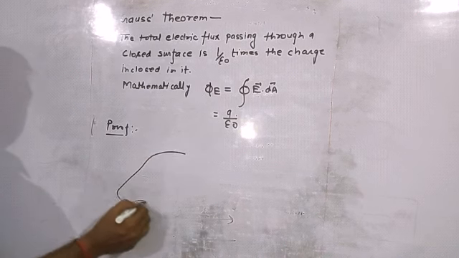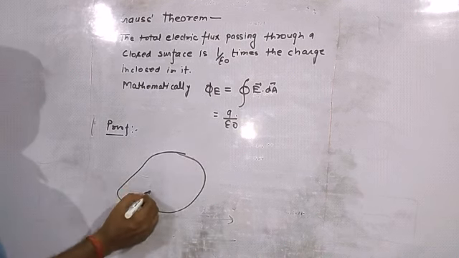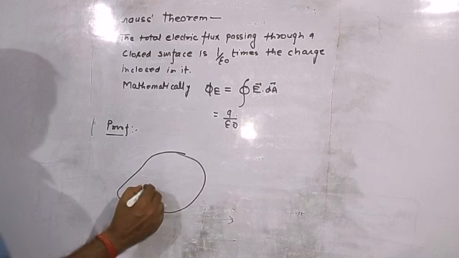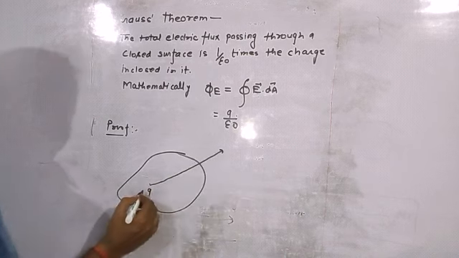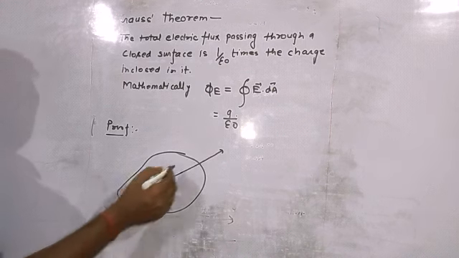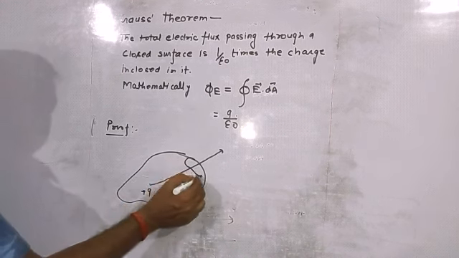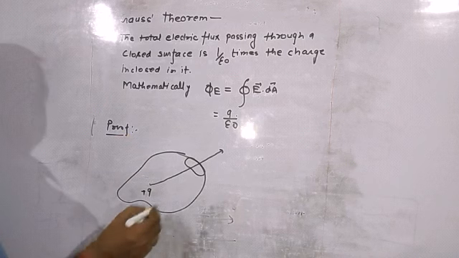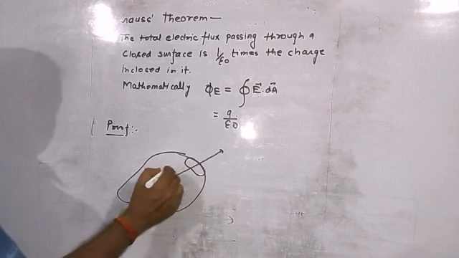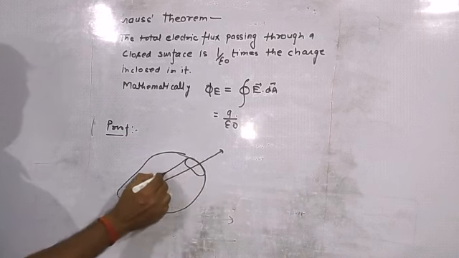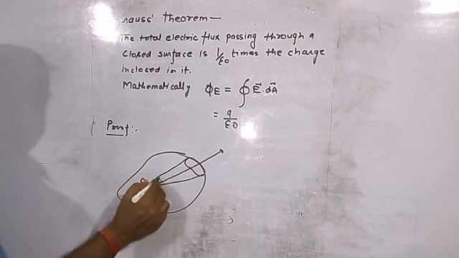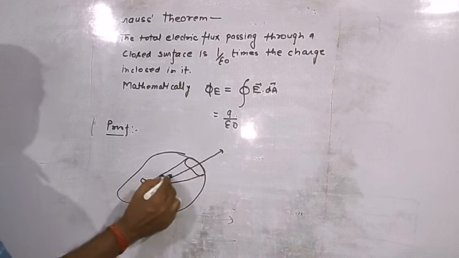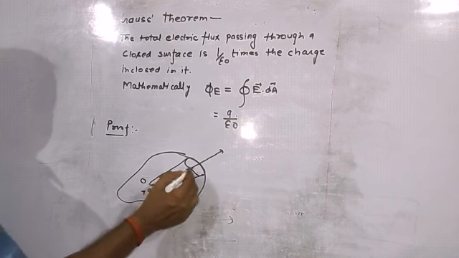Suppose that we have taken any kind of arbitrary surface where charge Q is enclosed and we wish to find the electric field line passing through here. This is the positive charge. Now we have taken a surface area dA which subtends some angle at the point, say the solid angle d omega.